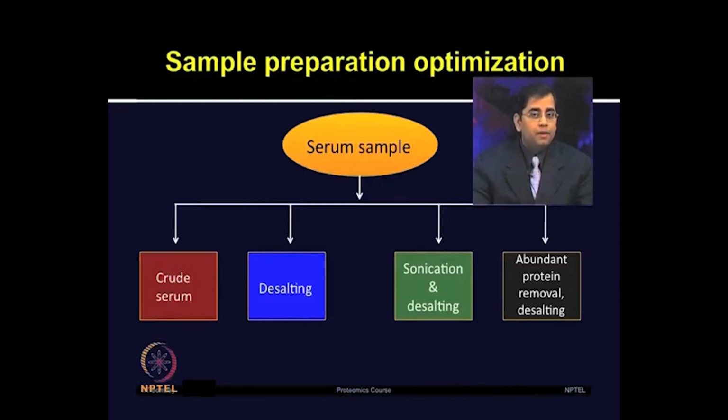Since serum contains highly abundant proteins and these commercial columns which can deplete these abundant proteins selectively are quite costly, and considering that you have to process a large number of patient samples, we thought, can we disrupt these abundant proteins and remove the low abundant proteins from these abundant proteins by using sonication. So, the effect of sonication as well as desalting was also investigated, and then we also used commercial columns to remove the abundant proteins, followed by the desalting step.